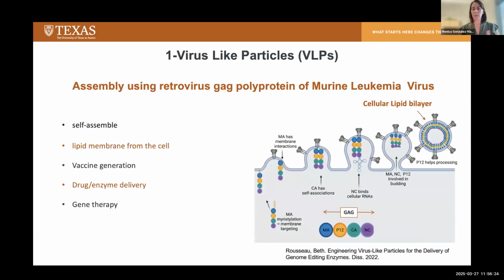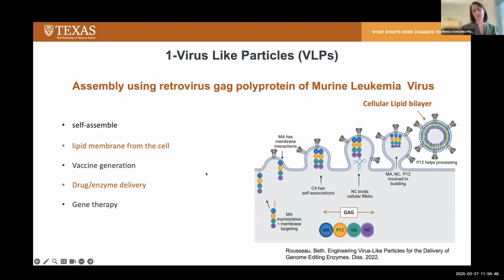Someone before talked about VLPs, so we all know that with the murine leukemia virus Gag protein, you can induce the formation of VLPs without the need to have any viral pathogenic protein in the vesicle.